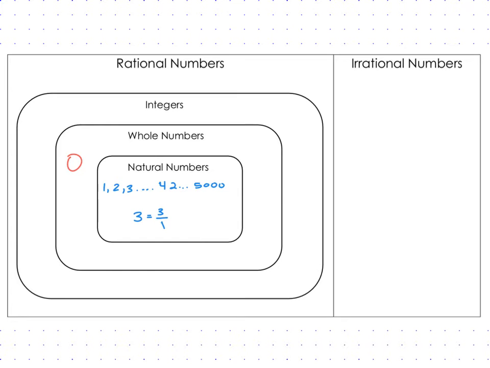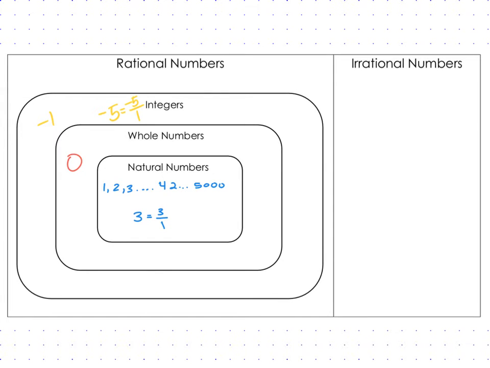So then we take all of our natural numbers, we take this extra 0, and we build a bigger box which is our group of integers, and we do that by adding in all of our negative numbers. So we have these extra numbers like -1 or -5, which can also be written as a fraction, -5/1.